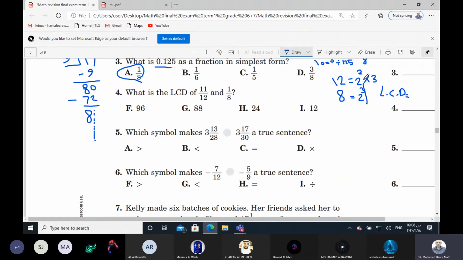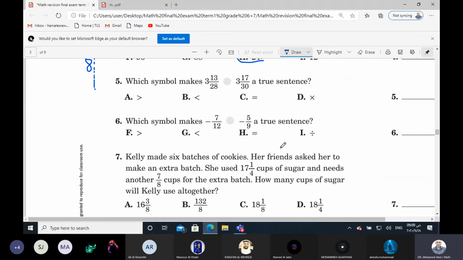The common factor will be 2, but take it in the highest exponent, 2 cubed, which means 8, times the non-common factor, which is 3. So LCD will be 24. So the answer here will be 24.